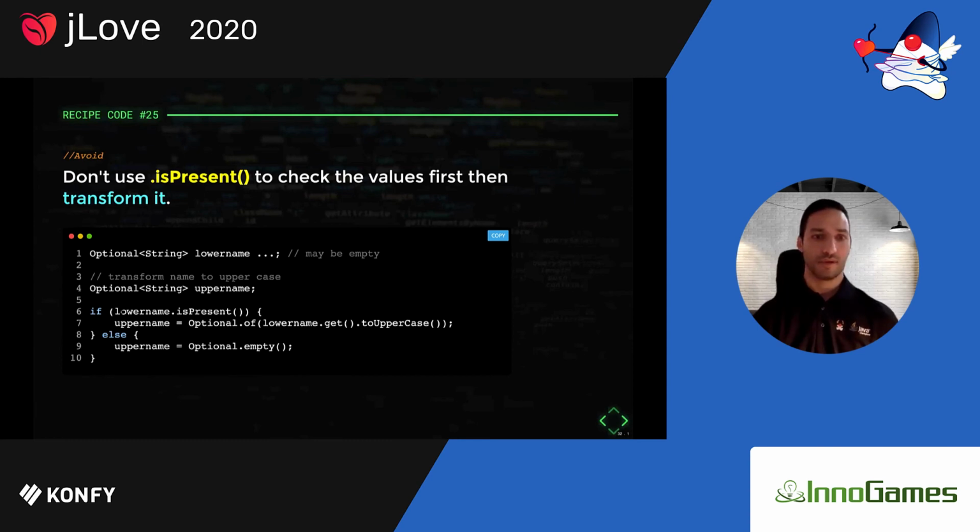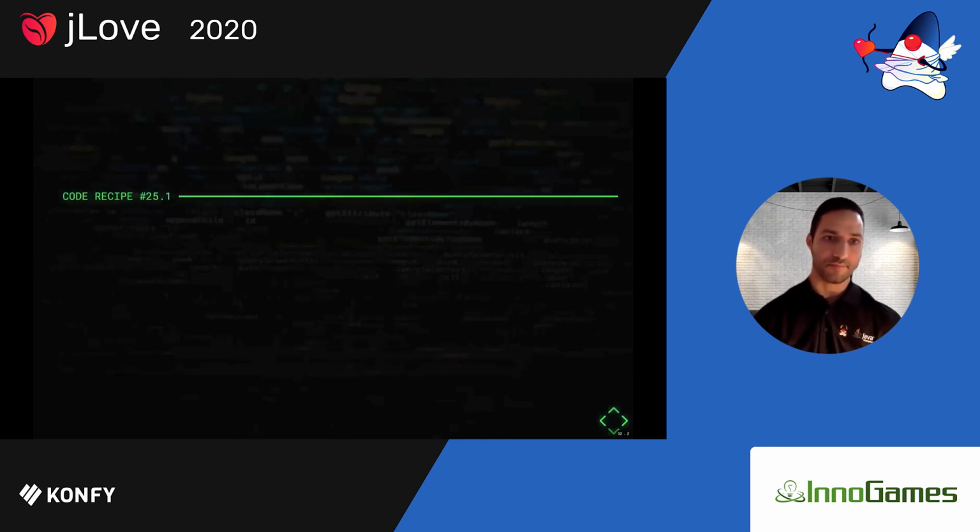So we check if it's present as a lower name, for example, and its value is lowercase. I would first get an optional of this value, and also an optional of this lower name transformed to uppercase. And if it doesn't exist, I will return optional empty or optional ofNullable of this one.